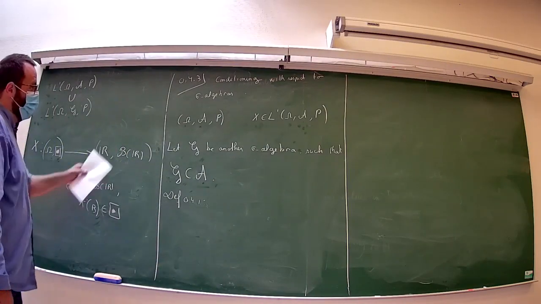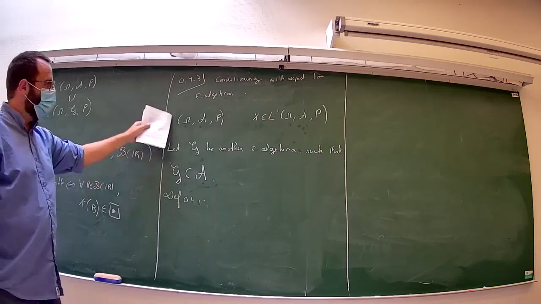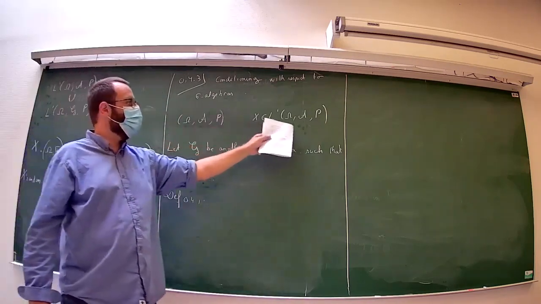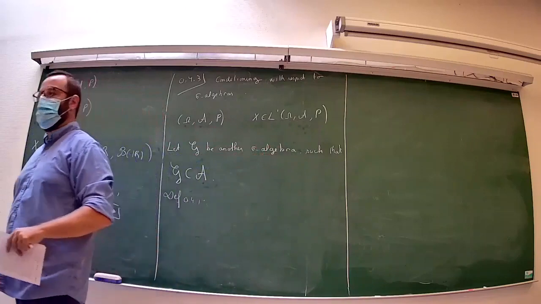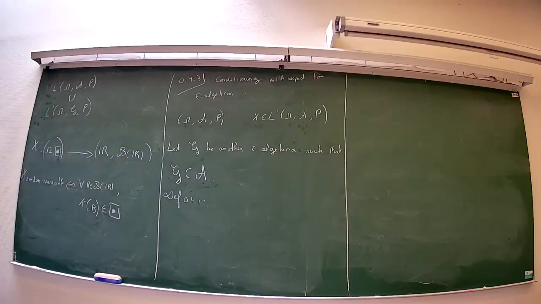So I suppose that I am in this situation. I have this triple, this probability space. I have an element X in L1 of (Omega, A, P). And I say the following.